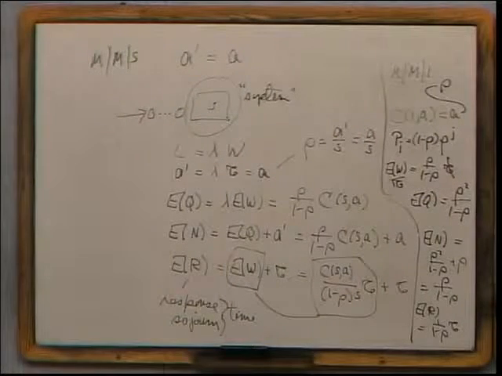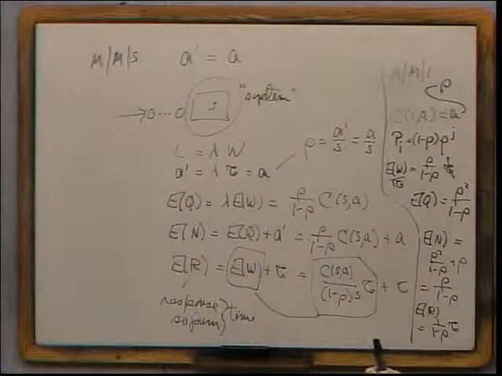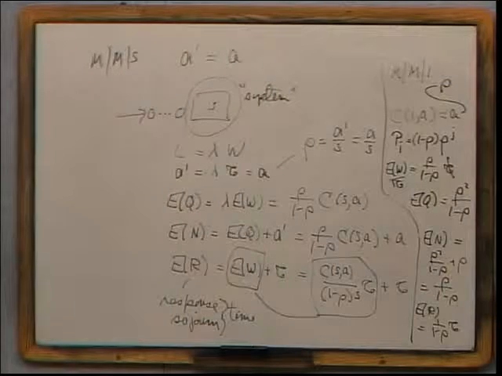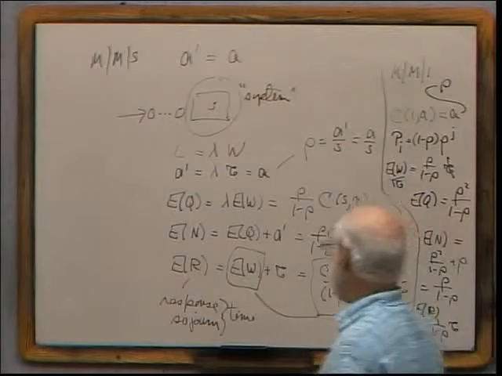On the other hand, in a computer system, if you're a job waiting for a CPU, you don't care how much time you spend before the CPU starts working on you. What you care about is how much time from when you make your request for service until your service is completed. How it's divided up between waiting and service is irrelevant. So that's sometimes called the response time. That's the time it takes for the system to respond to you and send back its answer. So I use these two terms interchangeably, response time and sojourn time.